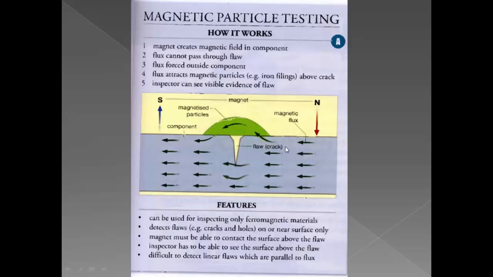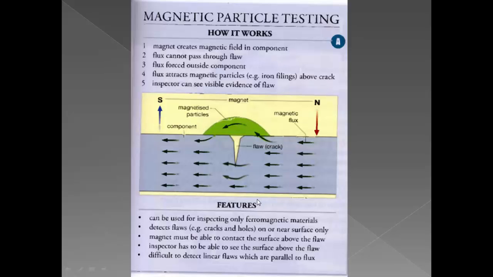Then flux is forced outside the component, out of the poles, south and north. Flux attracts magnetic particles, iron filings, above the crack. So above the crack here, the inspector can see visible evidence of the flaw.